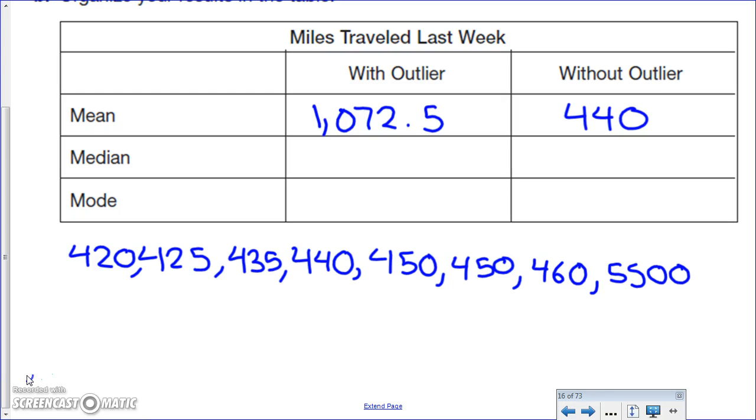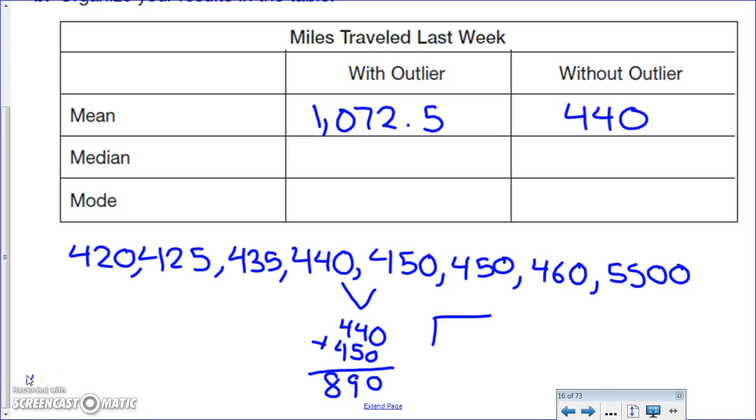Since we have 8 data points and 8 is an even number, we need to find the 2 in the middle, which are 440 and 450. And we're going to add them together and then divide in half to find the median. So we get 890 when we add them together.